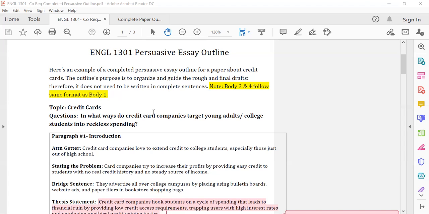So the way I want you to think about this is like the recipe for a food and then the actual food product after it's made. A recipe tells you exactly what needs to be in the food, and it's also going to tell you what to do when. That's like your outline. It's going to tell you what needs to be in your paper and what to put where and when.